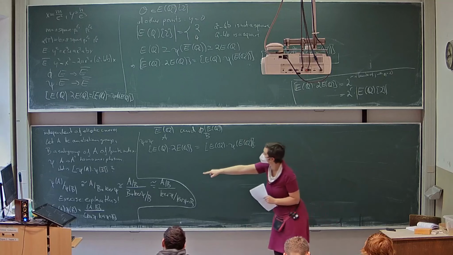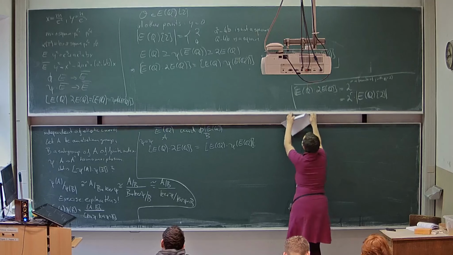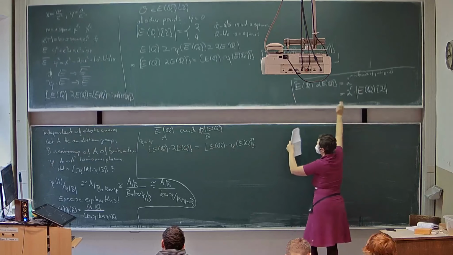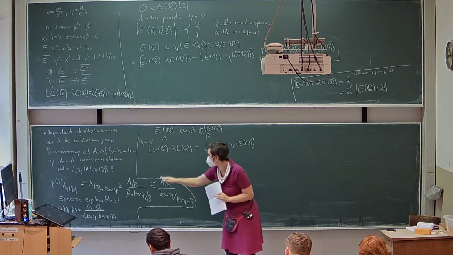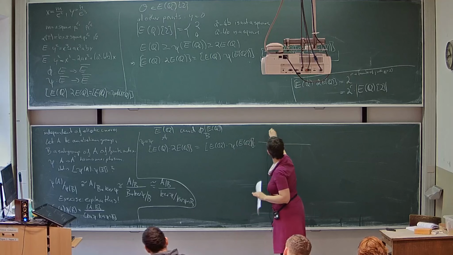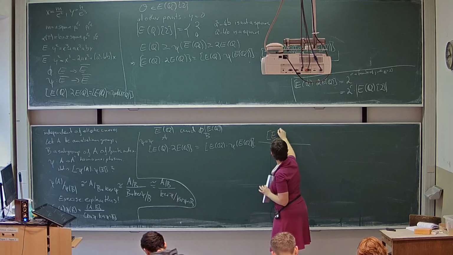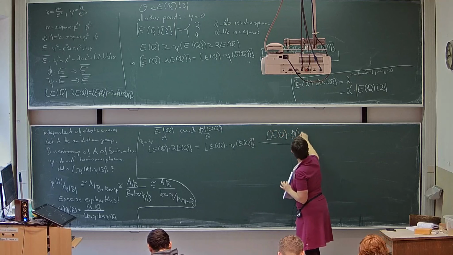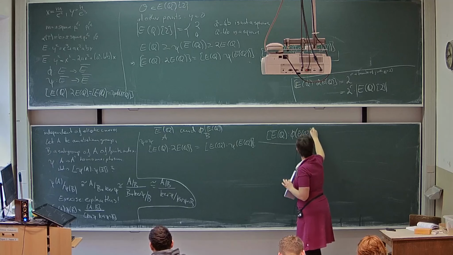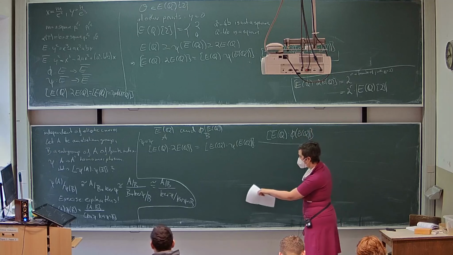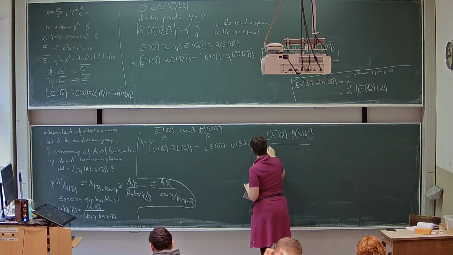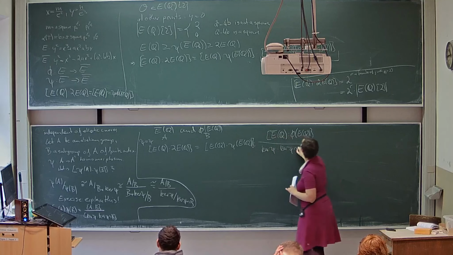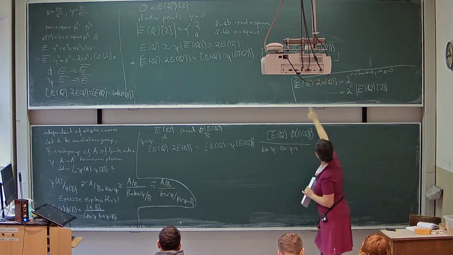So ψ is the same as here, A is this, and B is this. So we have A over B. This is E bar of Q over ψ of E of Q. And below we have the kernel of ψ over the kernel of ψ intersected with φ of E of Q.